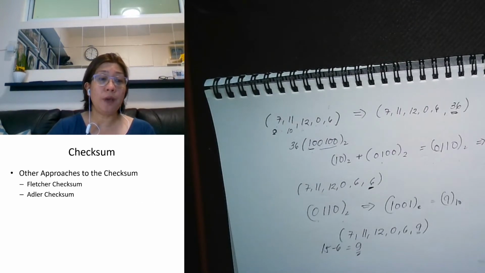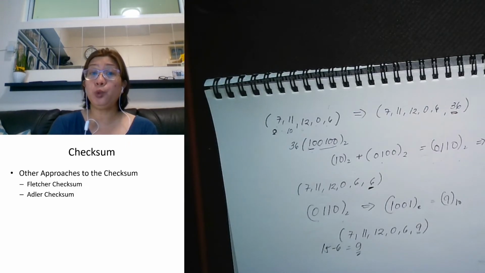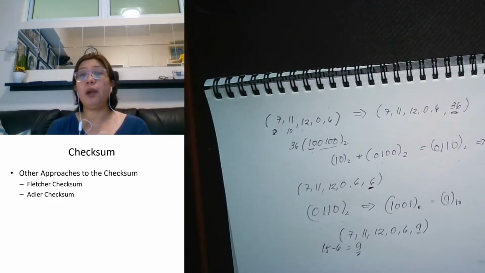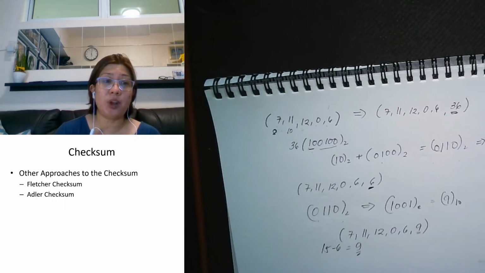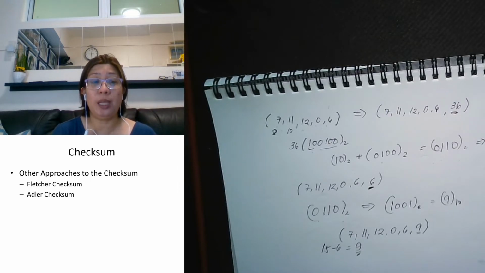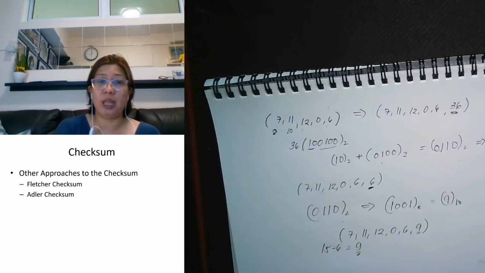Here we have other approaches to checksum. From the two names mentioned a while ago, we have the Fletcher checksum, named after him, and the Adler checksum. There is one major problem with the traditional checksum calculation. If two 16-bit items are transposed in transmission, the checksum cannot catch this error. The reason is that the traditional checksum is not weighted, so it treats each data item equally.